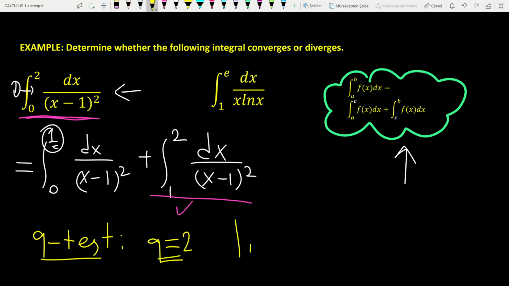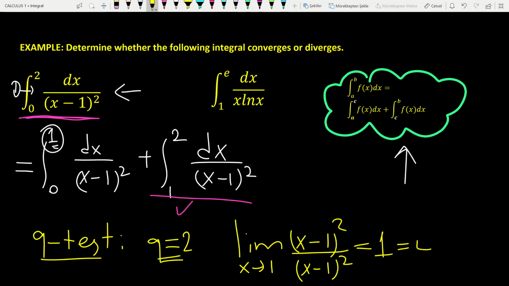So in this case, the limit when x tends to 1, since Q is 2, we have (x minus 1) squared over f. What is f? f is 1 over (x minus 1) squared. So you have (x minus 1) squared here. And the answer of this limit is equal to 1.